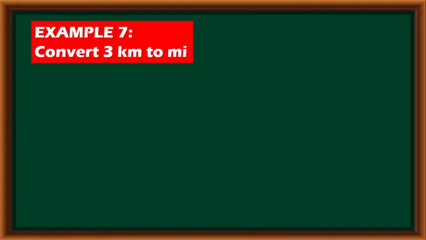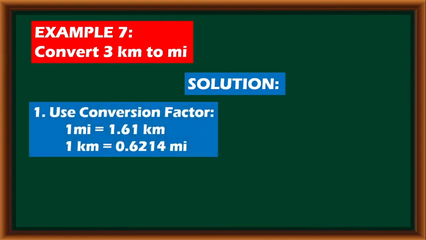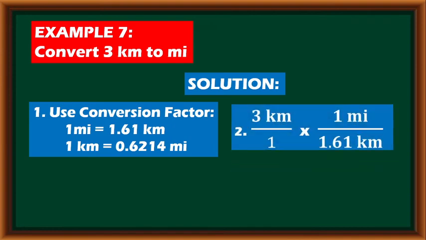Next, for example number 7, convert 3 kilometers to mile. So you can have 1 mile is equivalent to 1.61 kilometers, or 1 kilometer is equal to 0.6214 miles. So 3 kilometers over 1 times 1 mile over 1.61 kilometers. And you are going to cancel out kilometers.